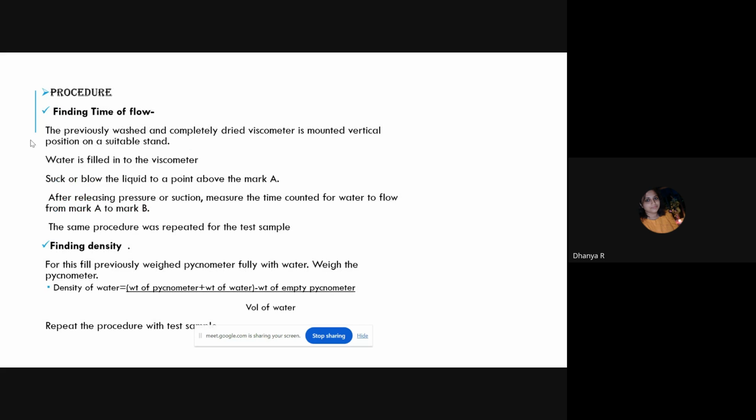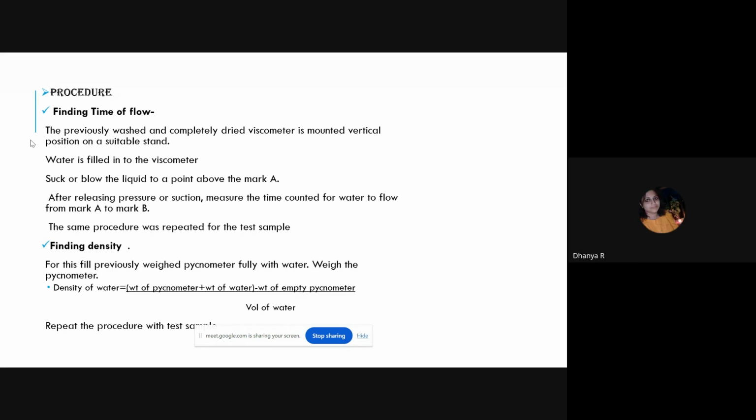Now coming to the procedure, as I told before, we have to find 2 parameters in this test. One is the time of flow of your sample and water, and second one is to find the density of water and the sample liquid. So first, finding the time of flow of the sample and water, we are using Ostwald's viscometer.